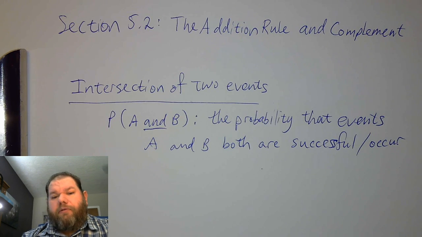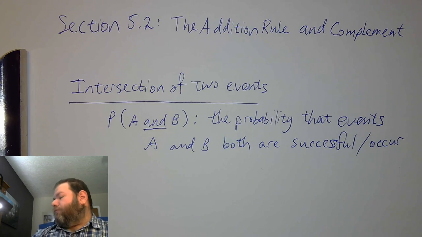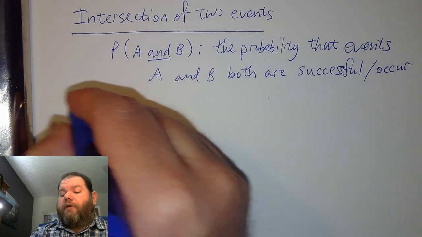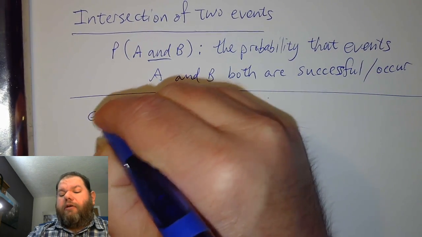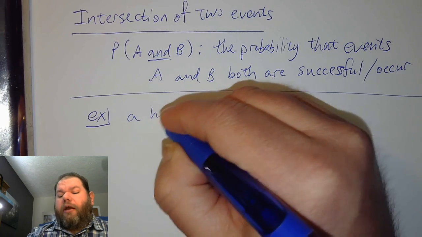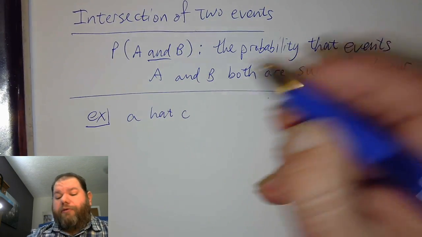So in this case, we start off with two different events, A and B. We want to figure out under which circumstances both events would be considered a success. For instance, a hat contains the numbers 1 through 10.